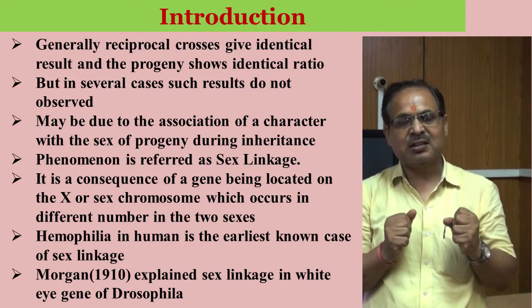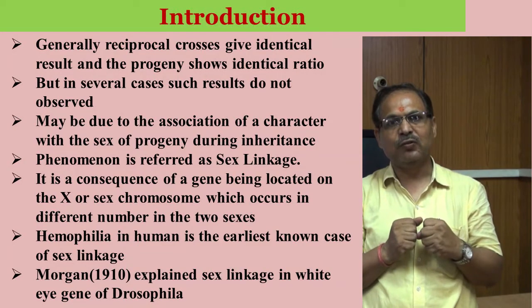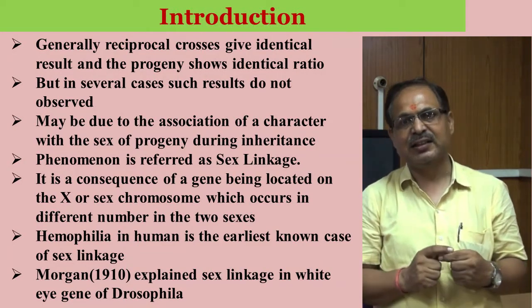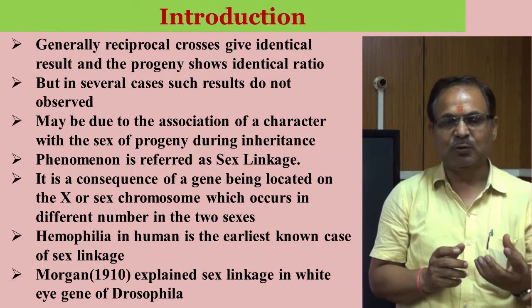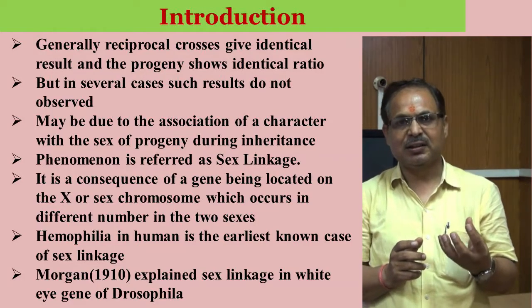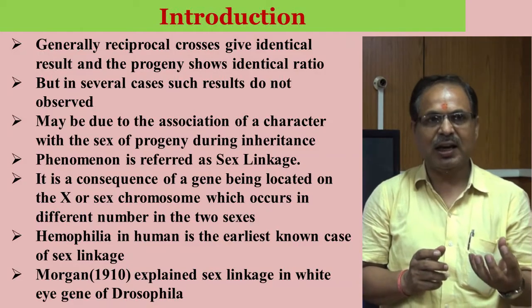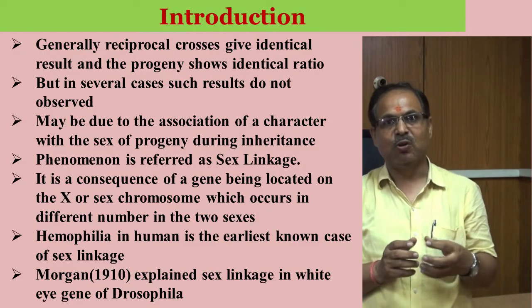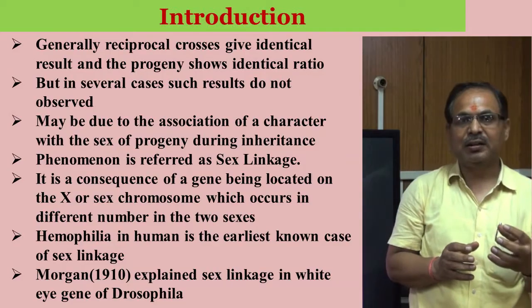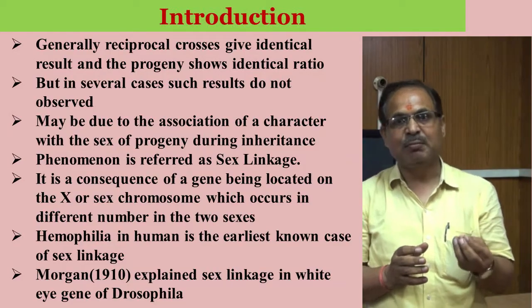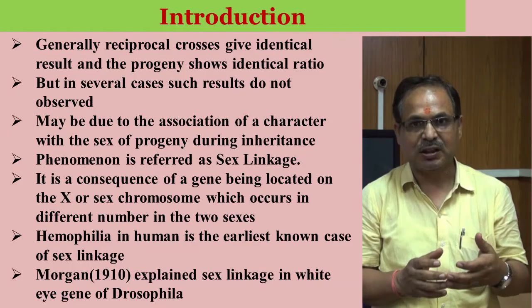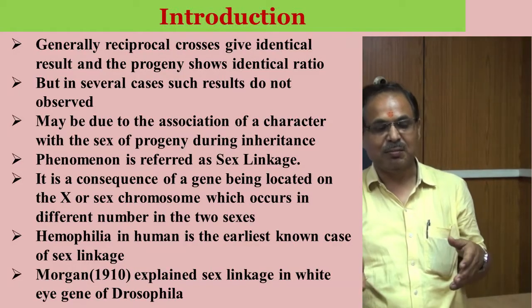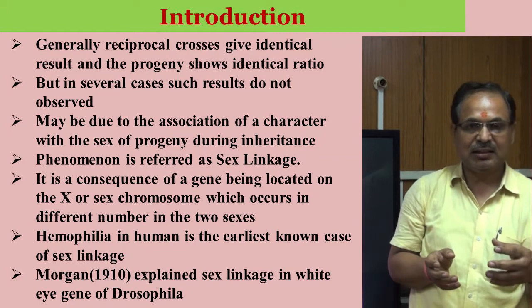The earliest known example of sex linkage was hemophilia. It is a disorder generally found in males where the blood is unable to clot, so bleeding is very high.